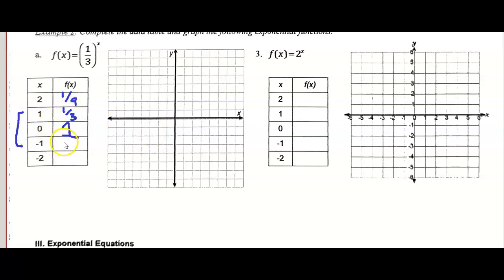It will be 3 over 1, or just 3. Same thing with we know the positive 2, right? The negative 2 would be the reciprocal. And by the way, it would have been the same if we reversed it. If we found the negative first power and the negative second power first, we could have figured out it's the reciprocal for the positive 1 and the positive 2, and got 1/3 and 1/9.